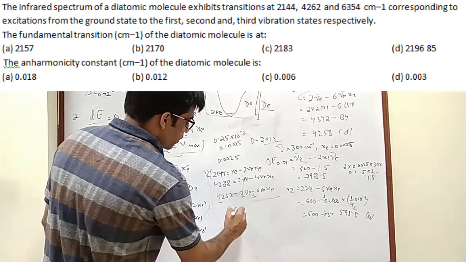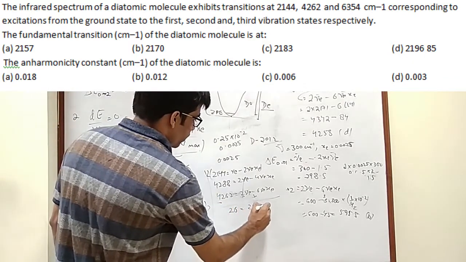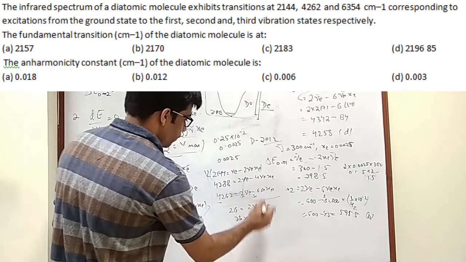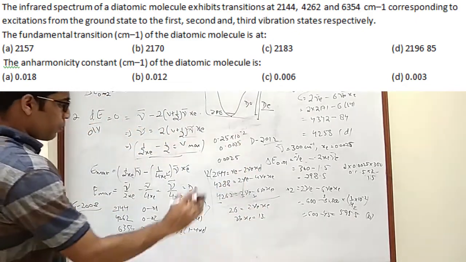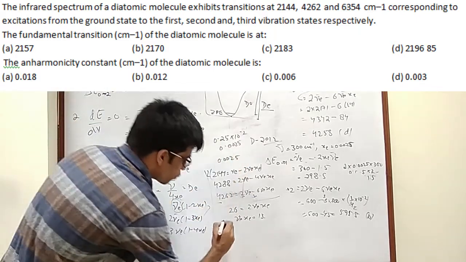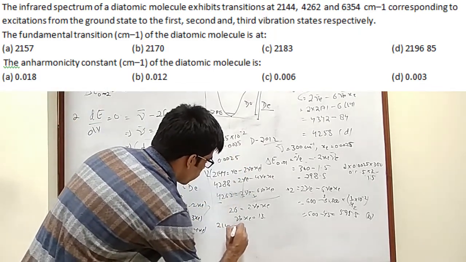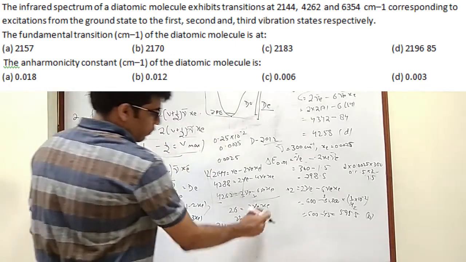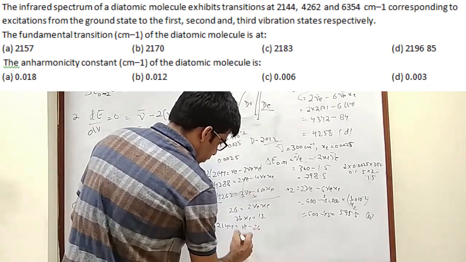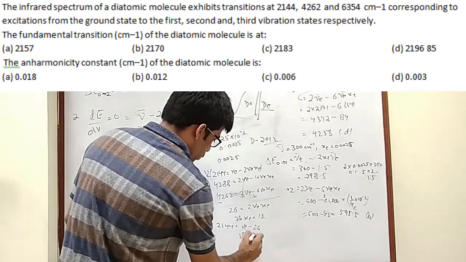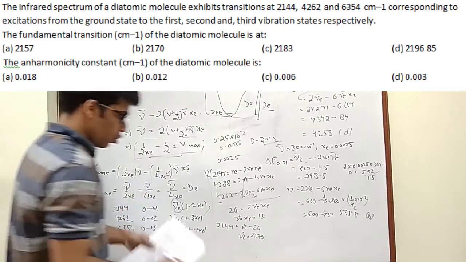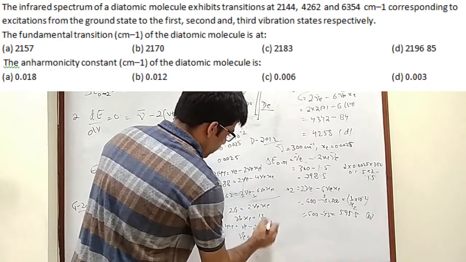I have 26 here and I have 2ν̄e xe here, or ν̄e xe is 13. Okay, now I can simply put that value in this equation. So I would get 2144 is equal to ν̄e minus 26, 2 times 13. So that would mean ν̄e is equal to 2170. That is given in your option number B.